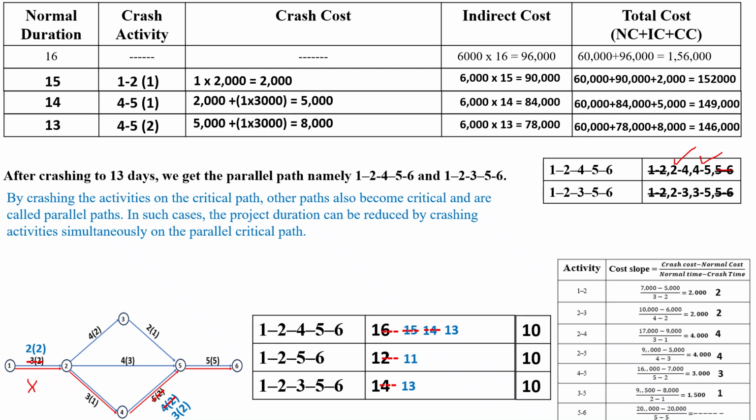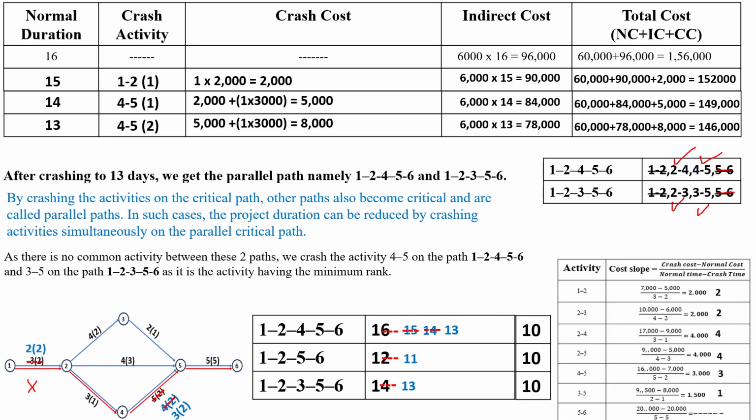Here 1 to 2 crashing is finished and 5 to 6 we are not considering for crashing. So in the parallel path, the remaining activities for crashing are 2 to 3 and 3 to 5. So the critical path and the parallel path have no common activities for crashing.